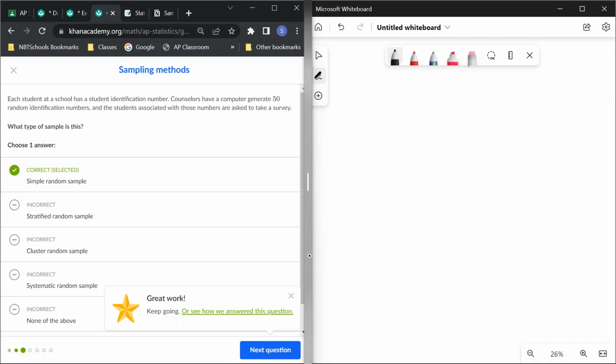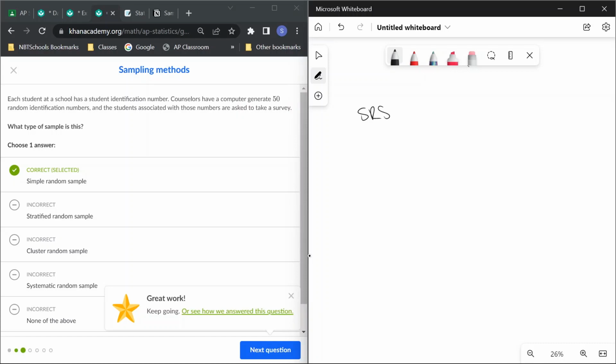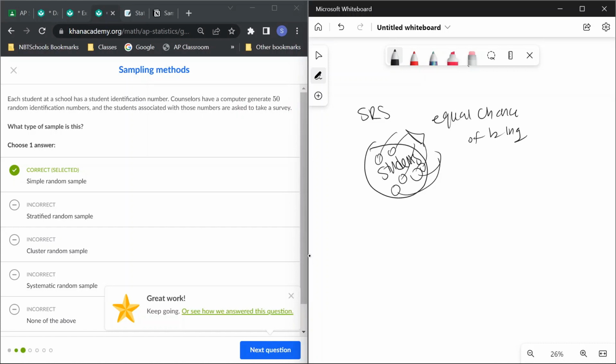So a simple random sample, an SRS, is when you have a pool of all students and they all have an equal chance of being chosen.